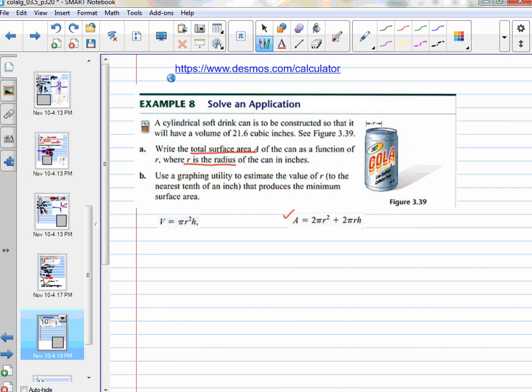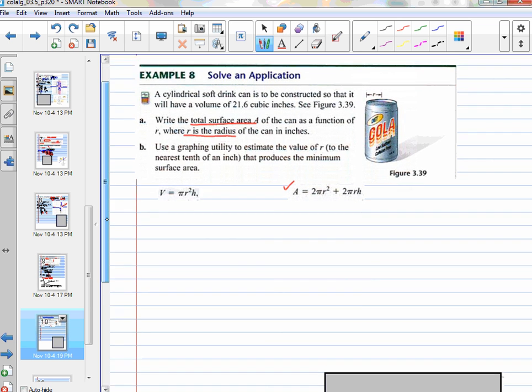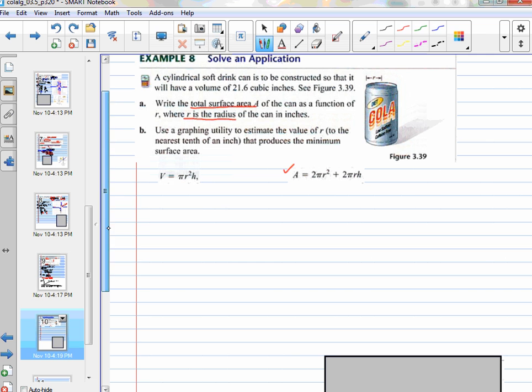So that's the surface area formula. So if I want to write the surface area as a function of only the radius, well, my 2 pi r squared is fine, but over here, 2 pi r h, I can't have an h in my formula.